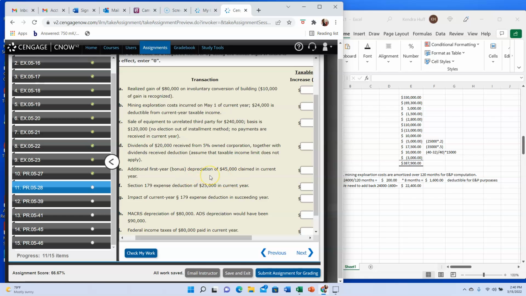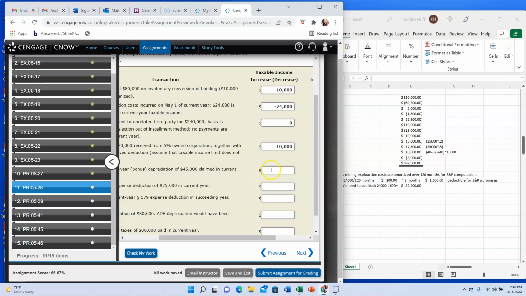Additional first year bonus depreciation of $45,000 claimed in current year. All right, so for taxable income, it's going to go down by $45,000. Oh, back to this 10.